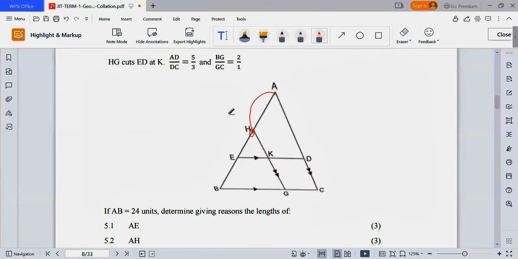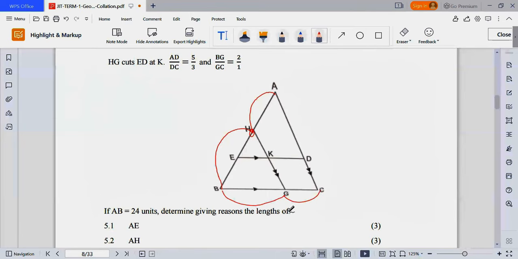HG. And if we take it from AH, we go to HB. So this is within which parallel lines? The parallel lines AC and HG, as you can see here. So from this parallel line, AH over HB should be in proportion to BG and GC.